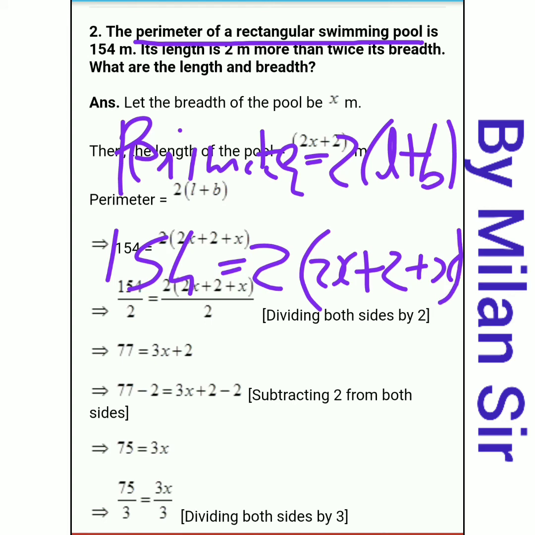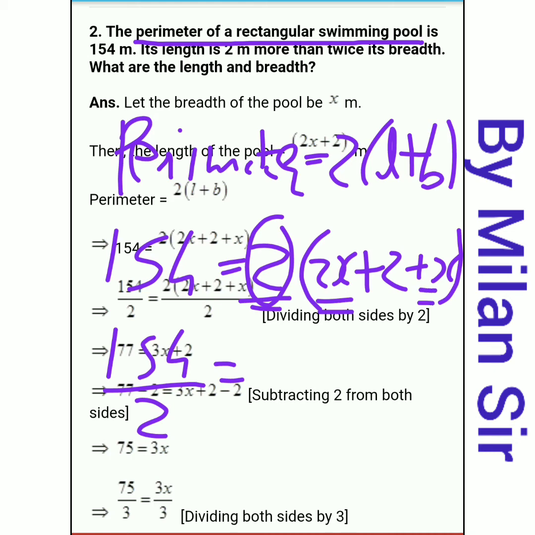Now first of all we can transfer this 2 to the left hand side. Right now it is multiplication with this bracket, so if we transfer it to the left hand side, it goes to the denominator. So 154 divided by 2. Now we can open our bracket. We can add and subtract only like terms.